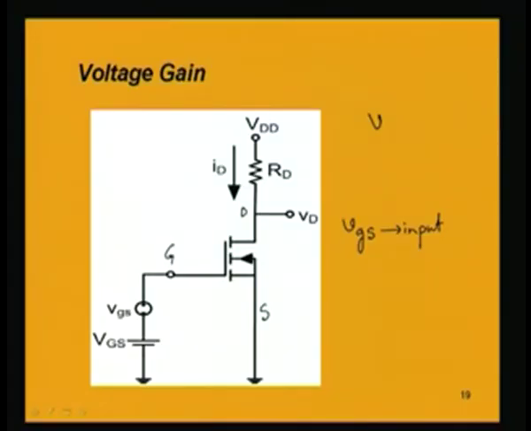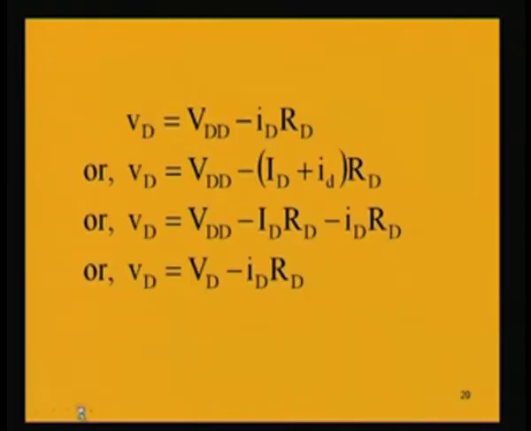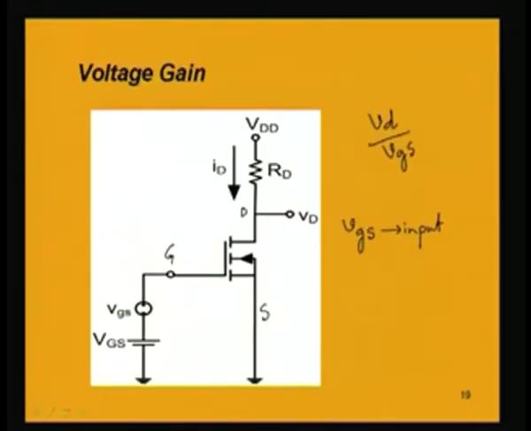The output voltage at the drain is small vd, and the input voltage applied between the gate and source is small vgs. So, this ratio will give you the voltage gain of the amplifier. Now, let us find out the voltage at this drain end.